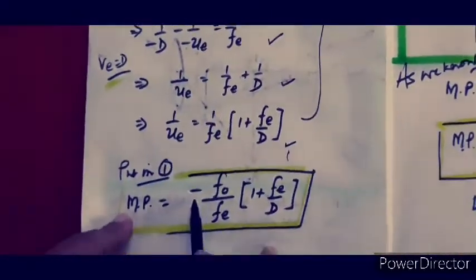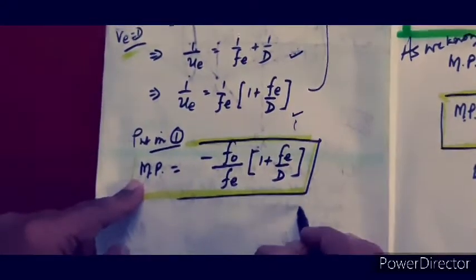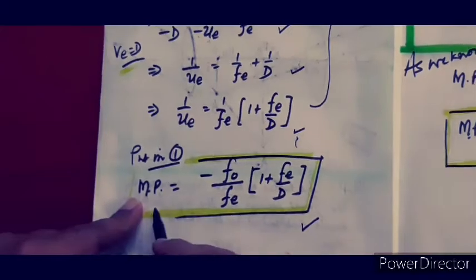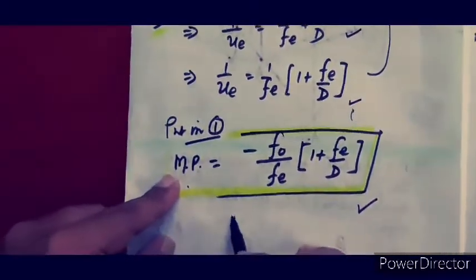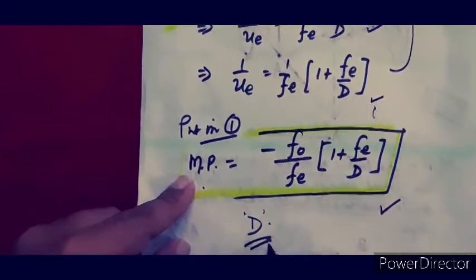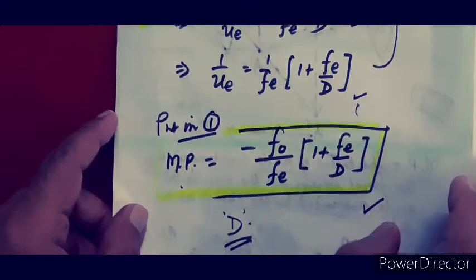So equation 1 becomes minus FO by FE, 1 plus FE by D. That is the expression for magnifying power or angular magnification for distinct vision for the astronomical telescope. Right?